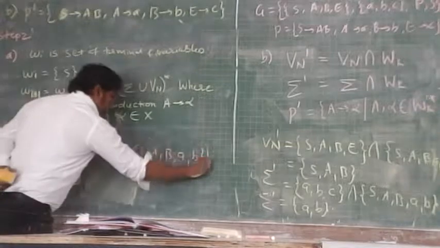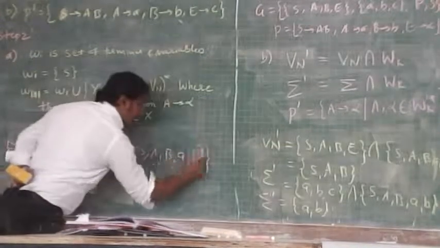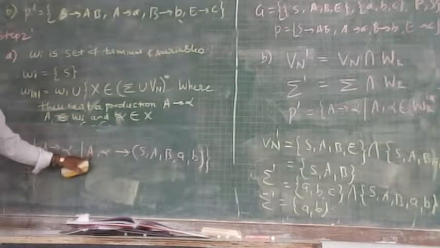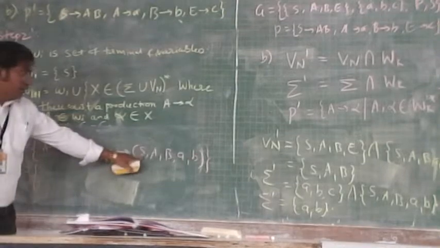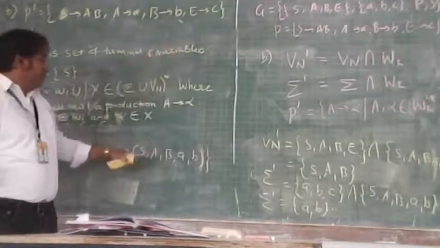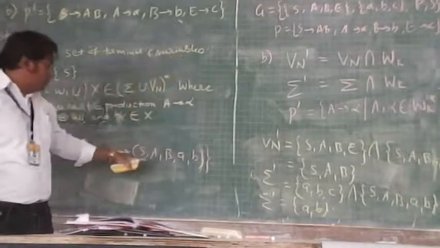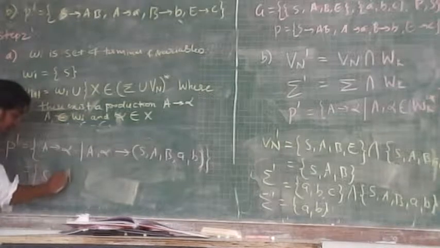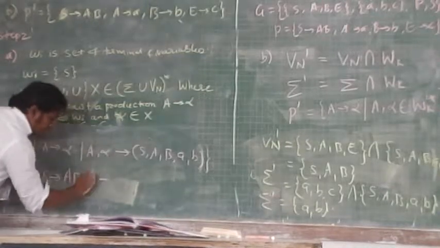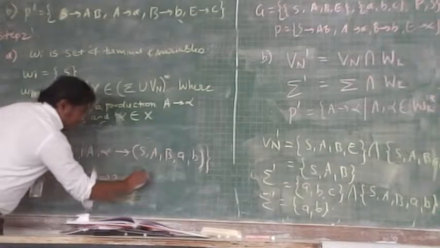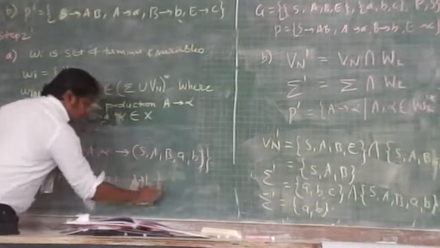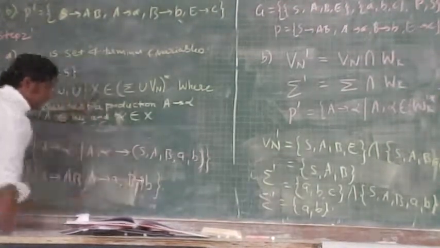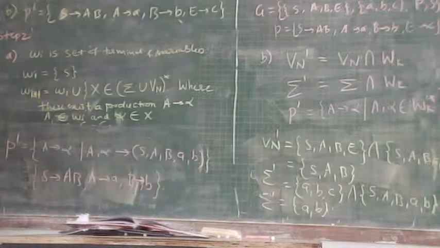So in this case, what is my P dash? Such productions. If you see that P, SAB belongs to this A and alpha. So the production S implies AB, A implies a, B implies b.